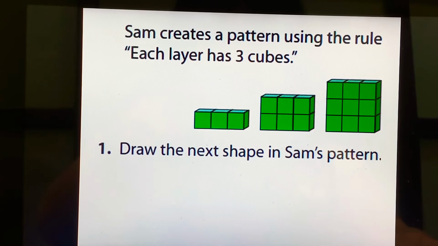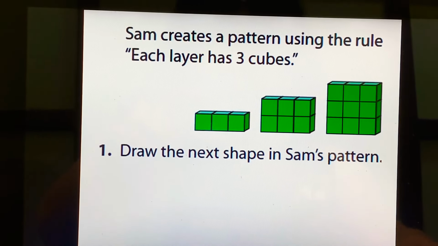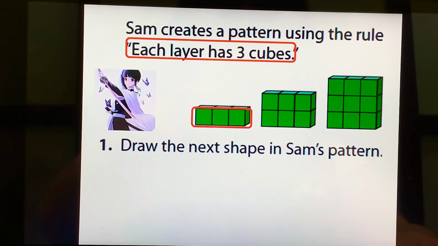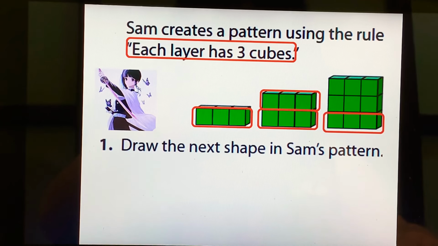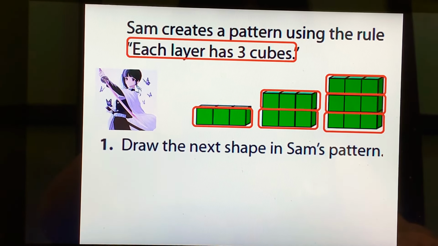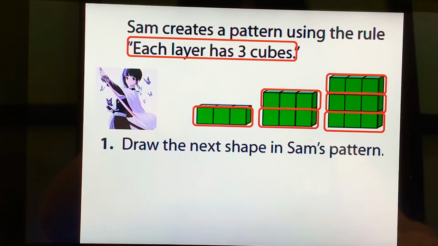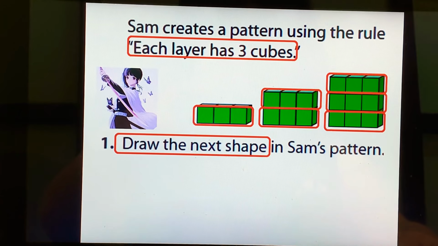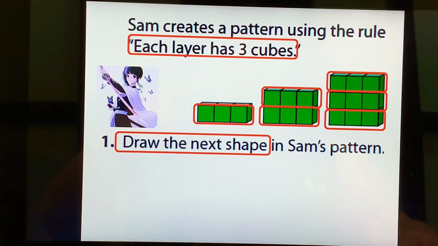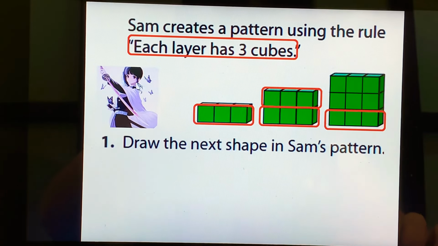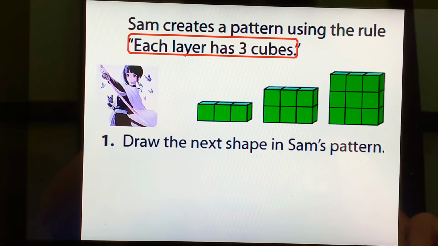Sam creates a pattern using the rule each layer has 3 cubes. 每一层都有3个立方体。Draw the next shape. 好，请画出第4个。This is the first shape.